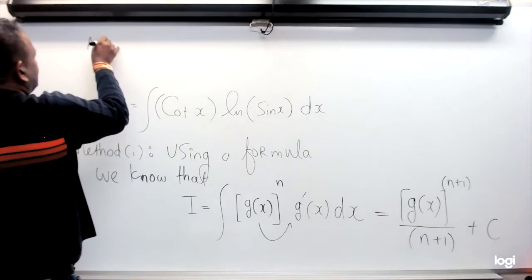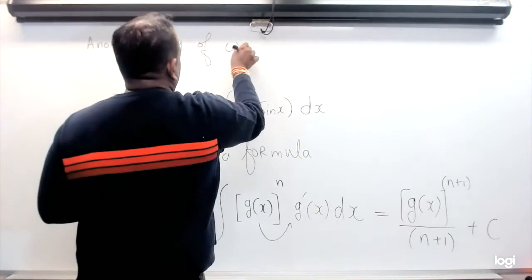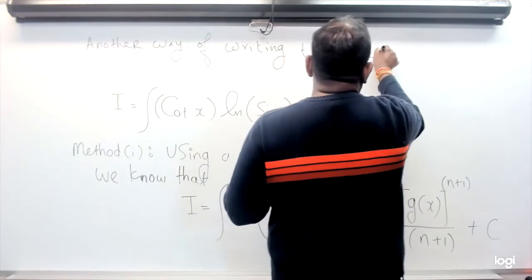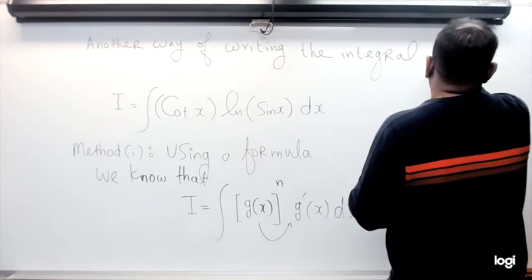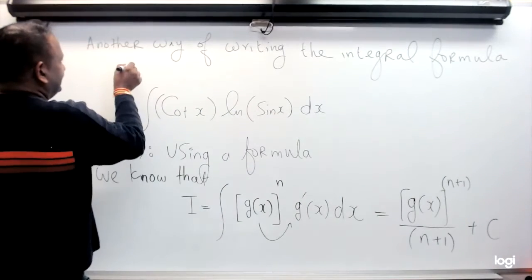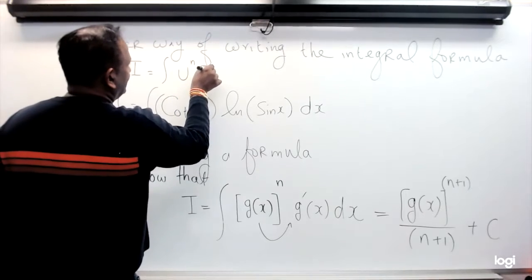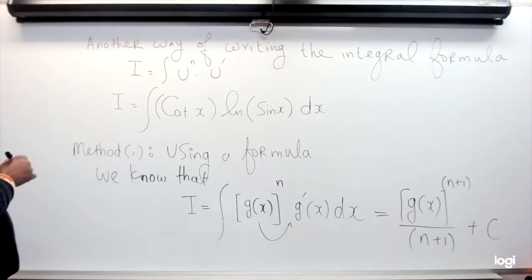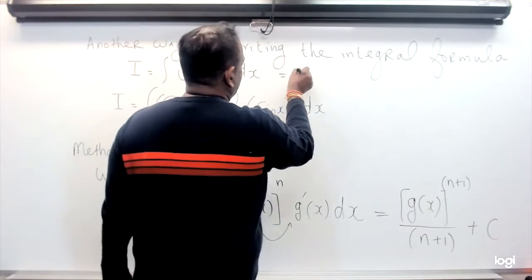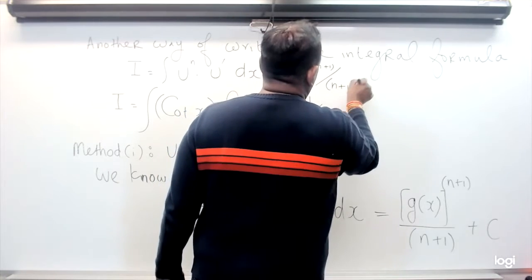Another way of writing the integral formula: the integral of u to the n, times u prime, with respect to x, gives u to the n plus 1 over n plus 1, plus c.